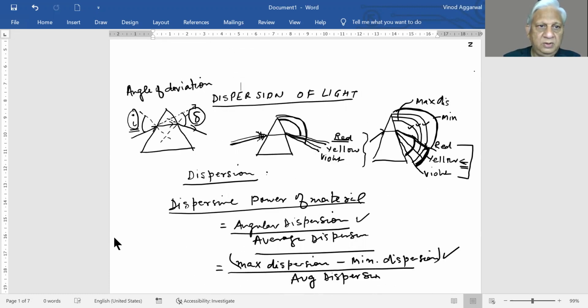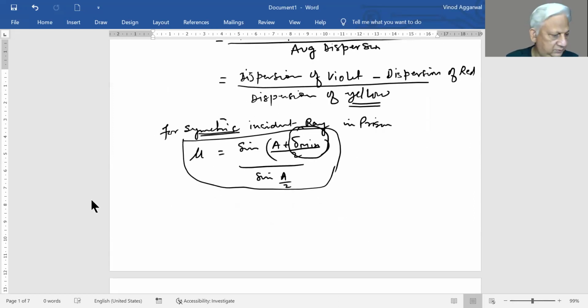Why is it symmetric? Because whether you shoot the incident ray from here or you shoot it from here, the diagram remains exactly the same. Delta will not change. In that condition, delta is minimum. This we have seen earlier also.